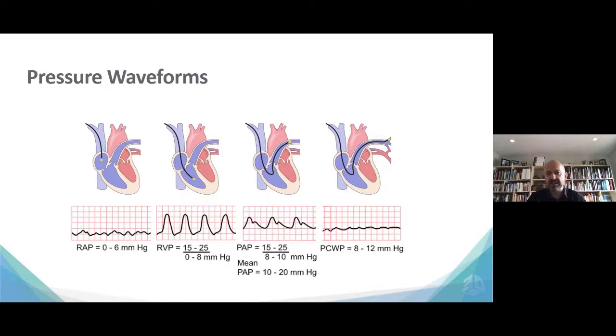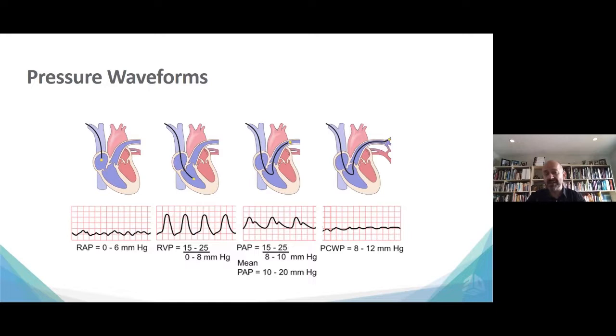And then next, once you cross through the tricuspid valve, you will get this right ventricular tracing. It is very typical. You really can't miss it. The systolic pressure goes up, and then the diastolic pressure is still low. You can see how the diastolic pressure is very similar to your right atrial pressure. So that's your right ventricular tracing.